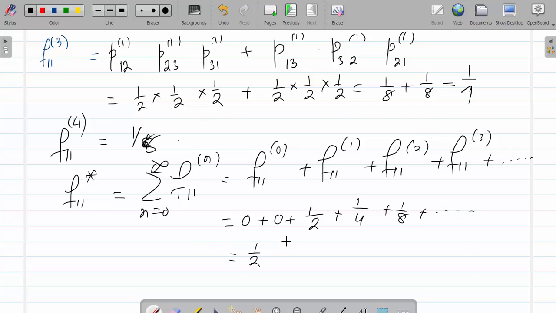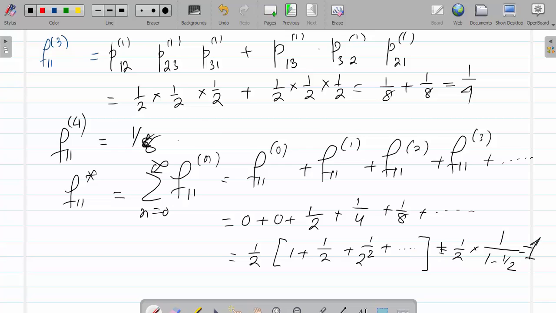Taking 1/2 common, 1/2 times (1 plus 1/2 plus 1/2 square plus so on) equals 1/2 times 1 over (1 minus half). So this is equal to 1.